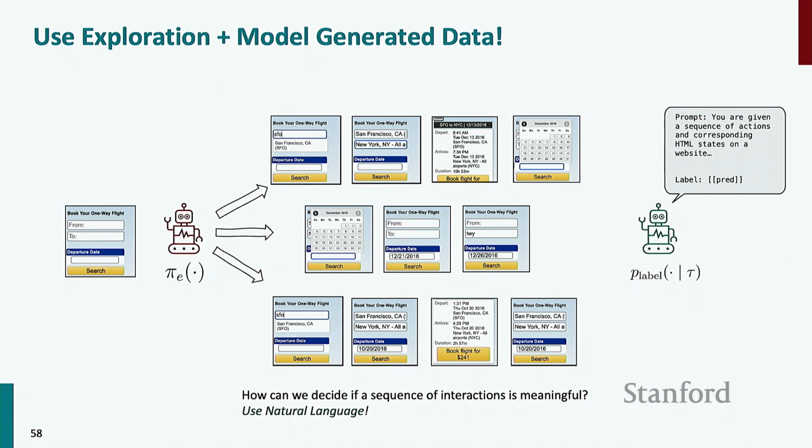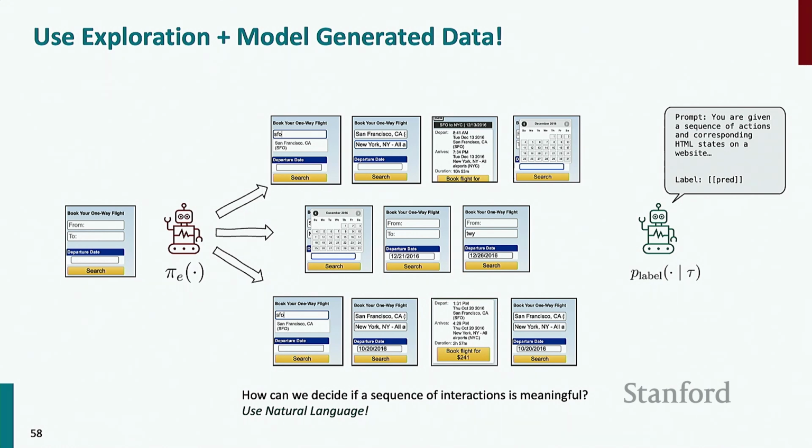So here we're going to use a second language model because we don't know what a good trajectory looks like. Not like a math problem where you know the correct answer. We just had a language model interact with the website and generate trajectories. And we want to somehow filter out what are good trajectories. And so we're going to use a second model that will produce a description of these trajectories.